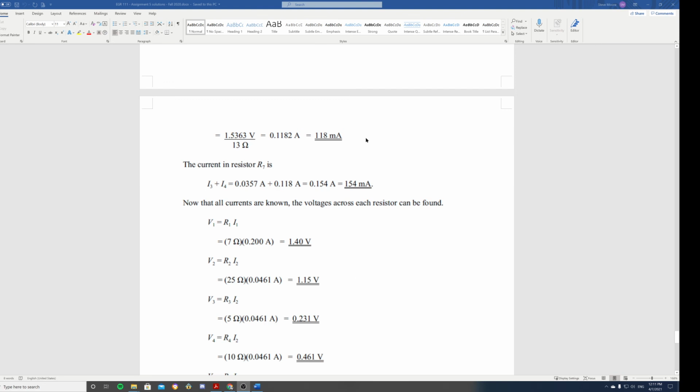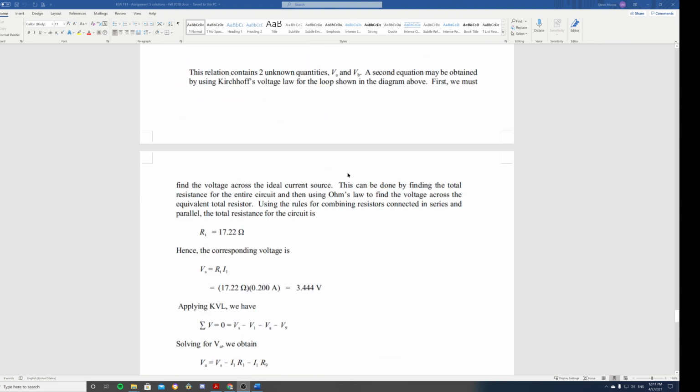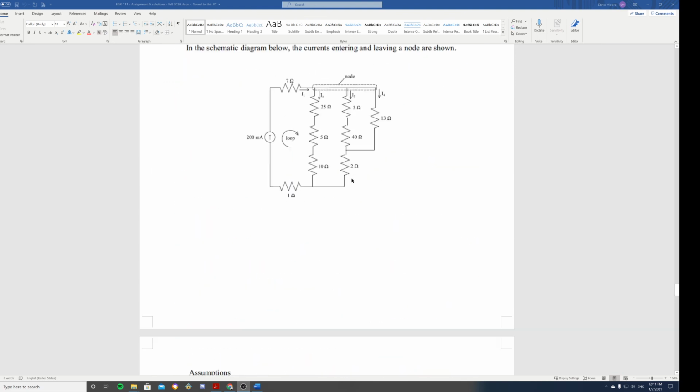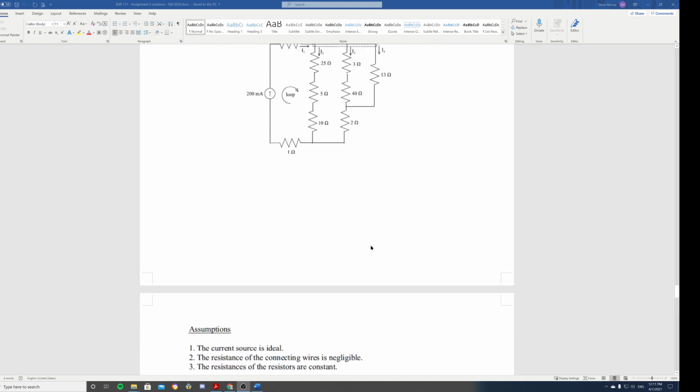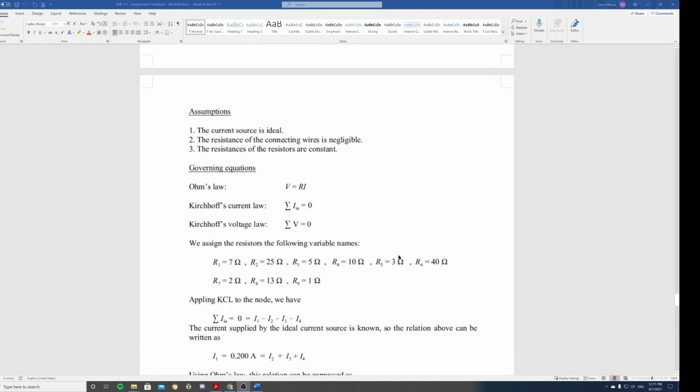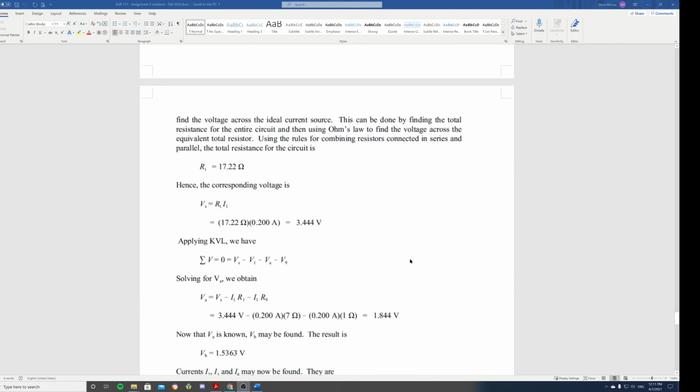Now that we know the currents through all of the resistors, we know what I1 is. We know I1, this is I1 also. We know all these currents, and we know all the currents here, currents through here, and a current through here. We can use those currents, multiply them times the resistors, and we can solve for our voltages.